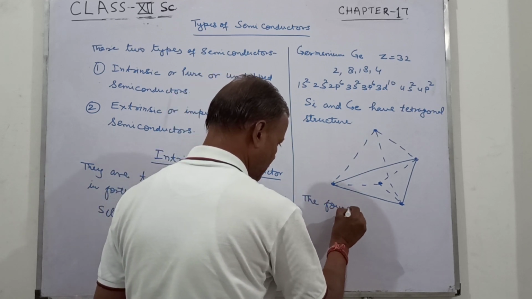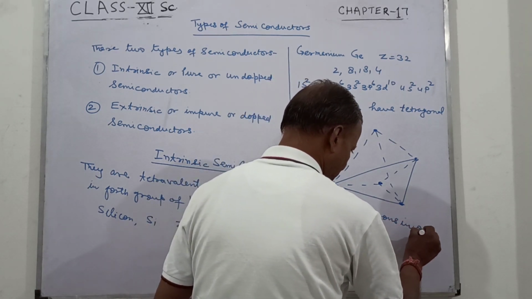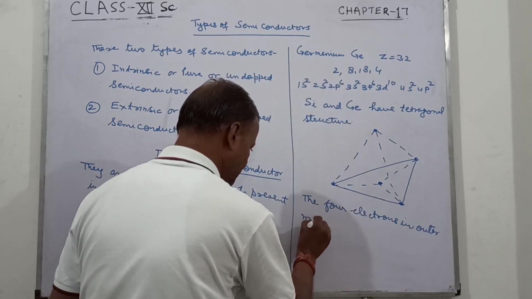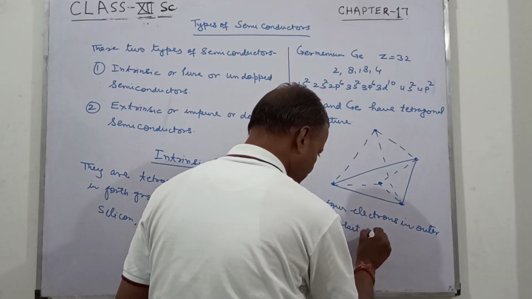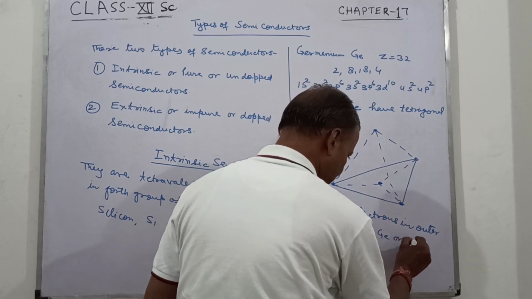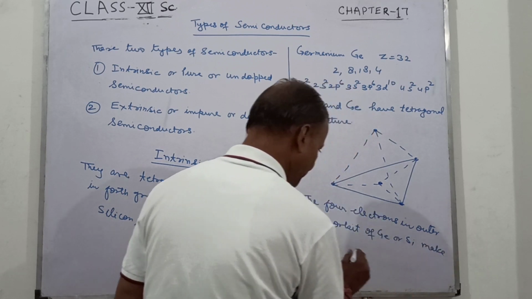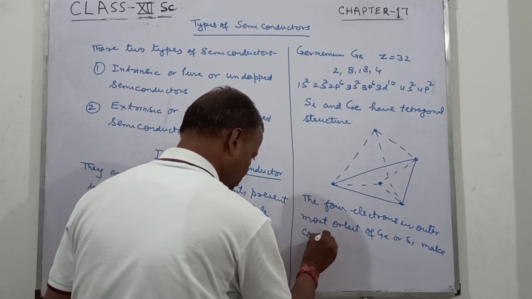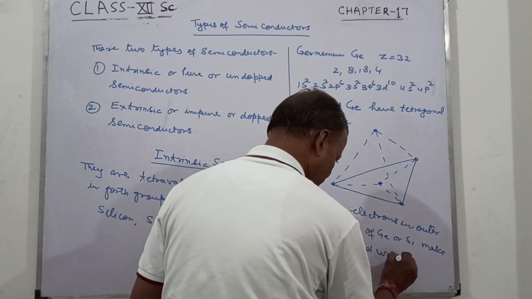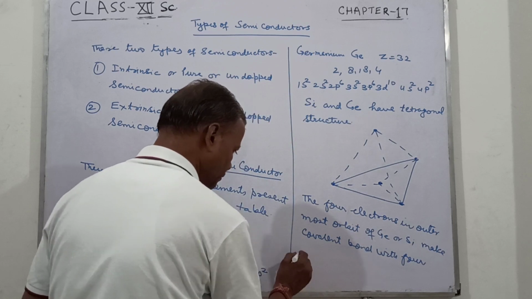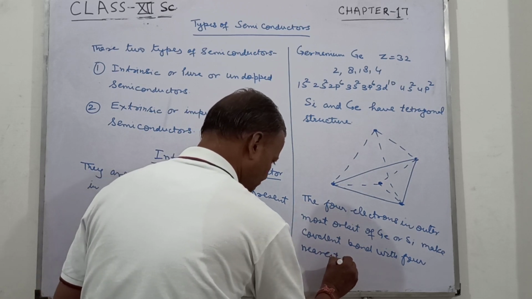The 4 electrons in the outermost orbit of germanium or silicon make covalent bonds with 4 nearest atoms.